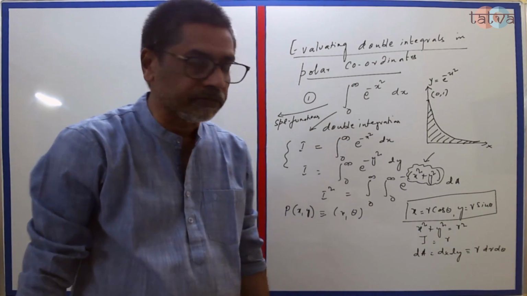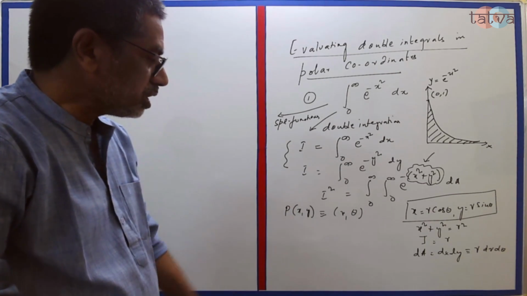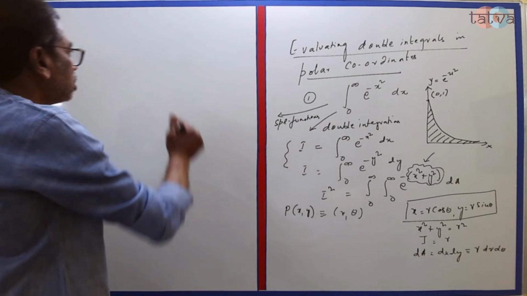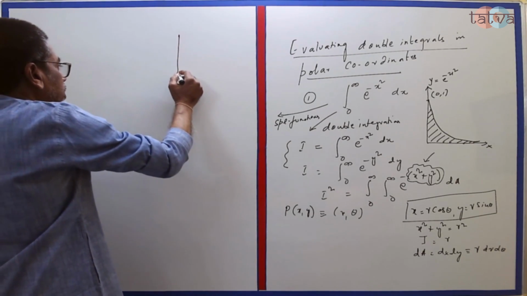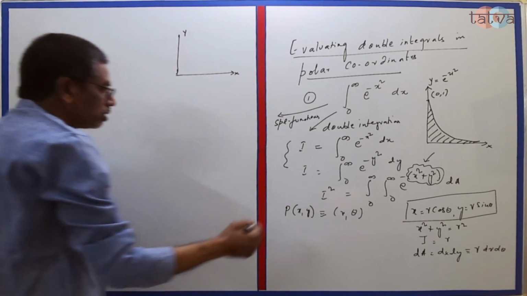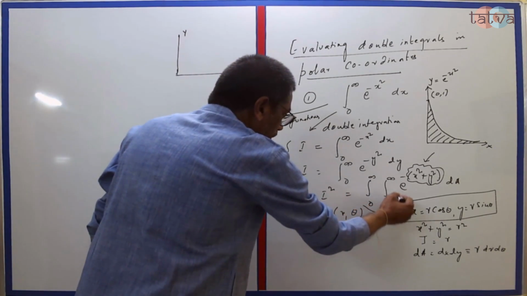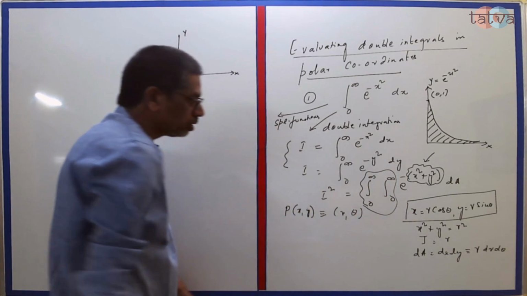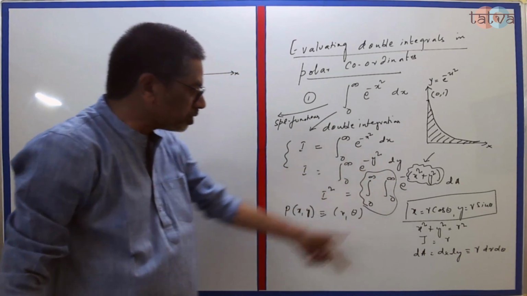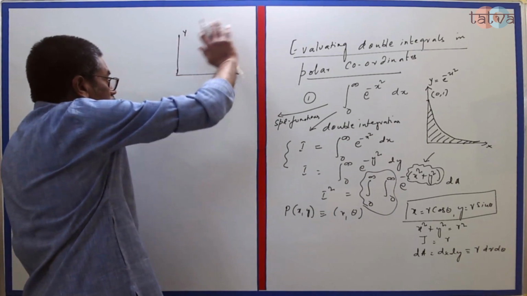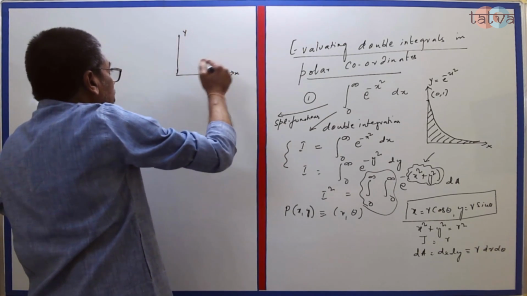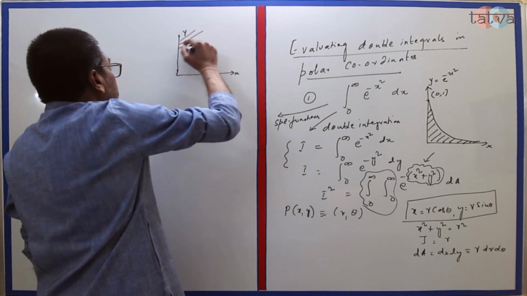These details are there. So now the question is, how does the region look when you take the double integral into account? x varies from 0 to infinity, y varies also from 0 to infinity, which means that the entire first quadrant of the two-dimensional space is covered by that domain.